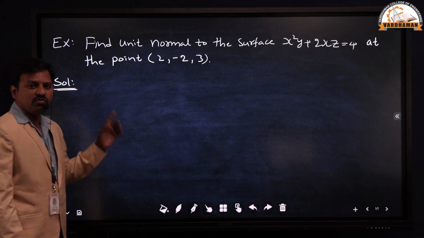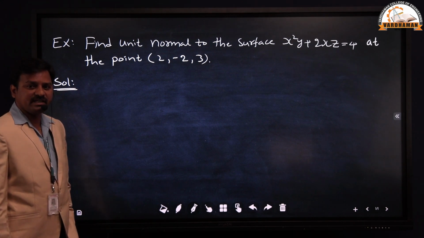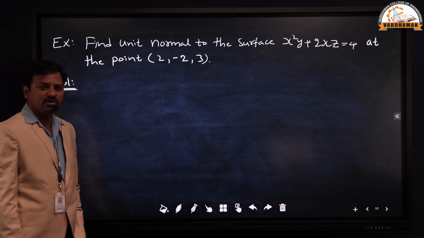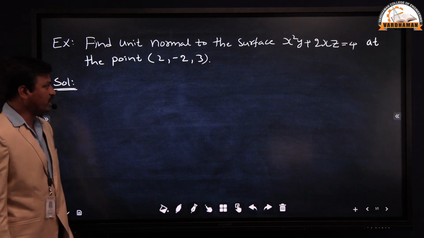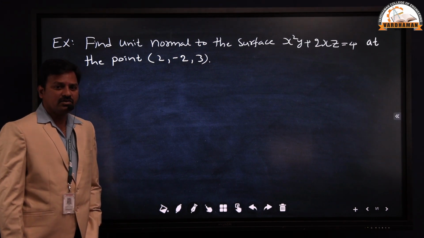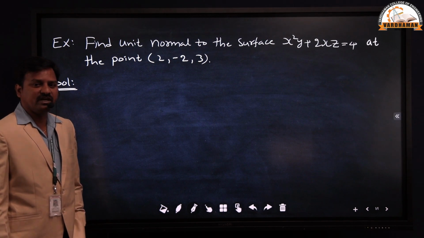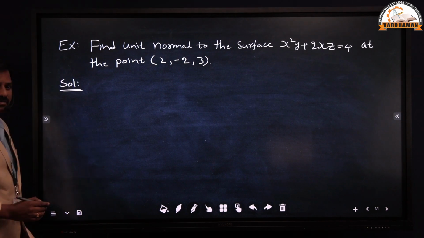Next example, find the unit normal to the surface x square y plus 2xz equal to 4 at the point 2, minus 2, 3. To find the unit normal, first we have to find the normal to the surface.